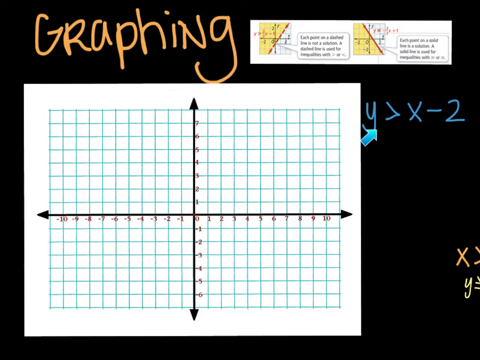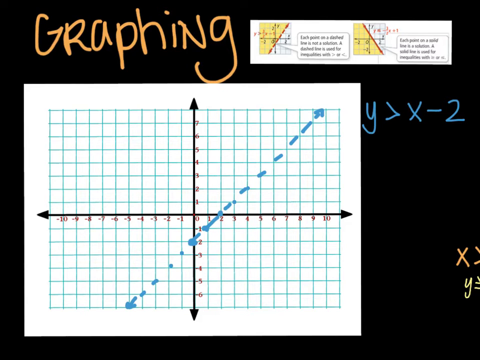So we start at negative 2, then we go up 1 over 1, and so on. And then you're actually going to make a dotted line, what we talked about. This is going to be a dotted boundary line, and you're just using those points. Make sure you fully extend using arrows. And then you're going to pick a coordinate on one side or the other. It doesn't matter which one you pick. Obviously, some are easier than others.